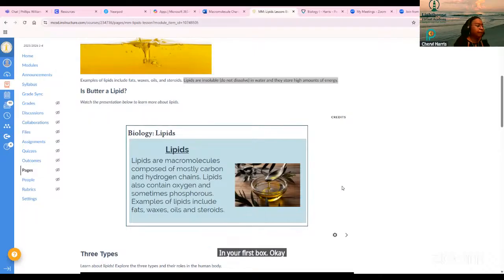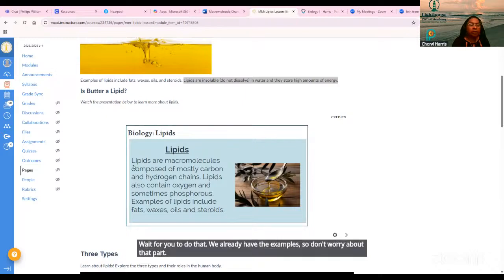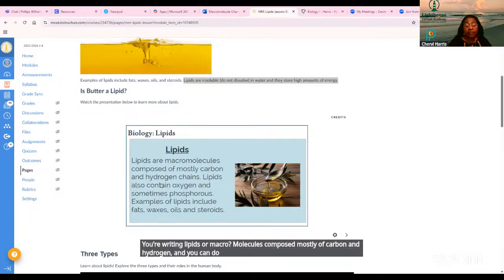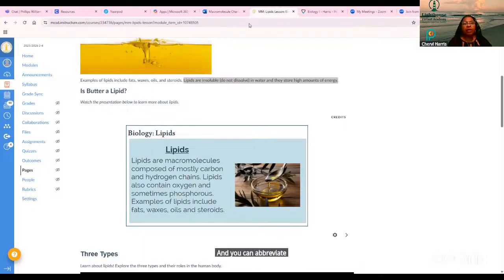I'm going to stay right here and wait for you to do that. We already have the example, so don't worry about that part. You're writing that lipids are macromolecules composed mostly of carbon and hydrogen, and you can use initials and abbreviate like I did.